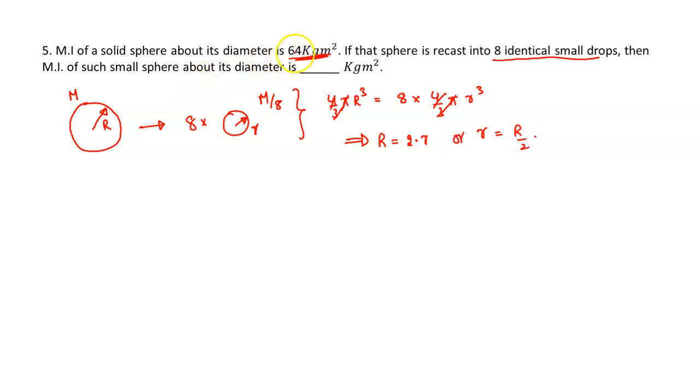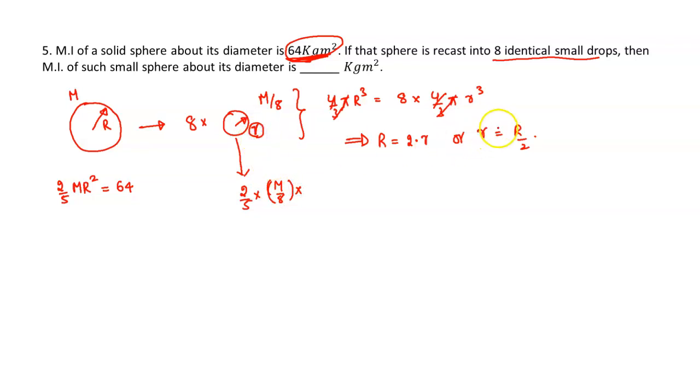Now according to the given question, this bigger sphere has a moment of inertia of 64 kg meter square. We know that the solid sphere moment of inertia is 2 by 5 mr square. So according to the question, 2 by 5 mr square is equal to 64. Now we want the moment of inertia of each small drop. So here the moment of inertia will be 2 by 5 into m by 8 into r square.